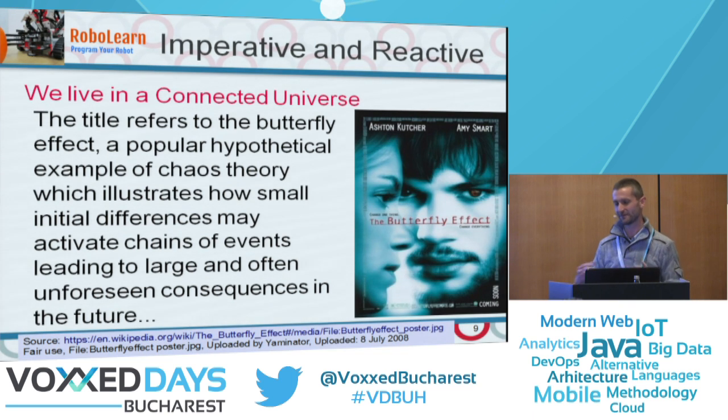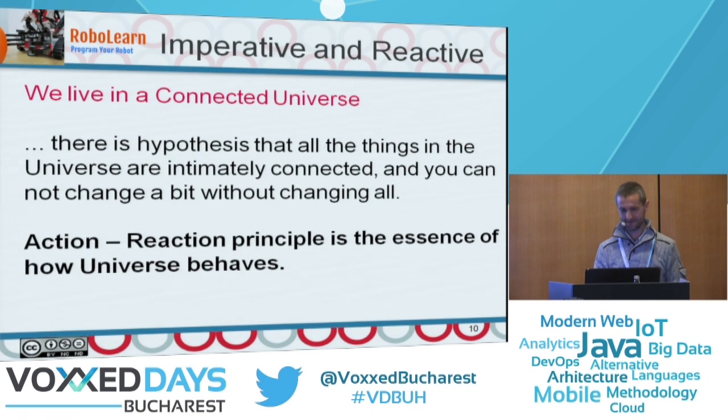And this is the way nature works. The imperative way of modeling things is maybe simpler for us as programmers, but it's not more natural. So we live in a connected universe, and there may be a hypothesis that it works in a reactive way. Something happens and everything else is changed automatically. No specific cycle or iteration needed.